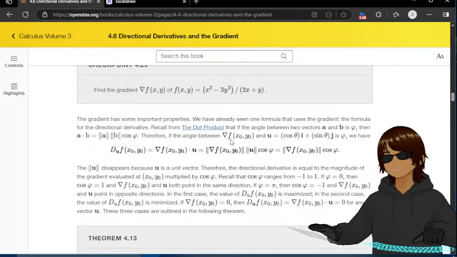So the instantaneous change of z with respect to the instantaneous change of x and y, the angle between that vector and vector u is phi.